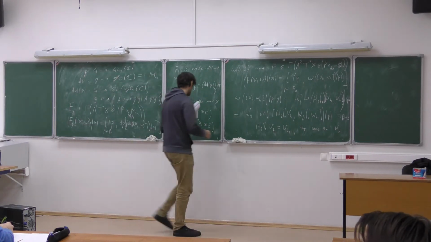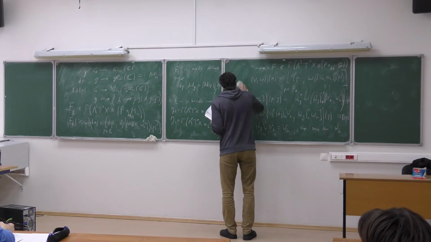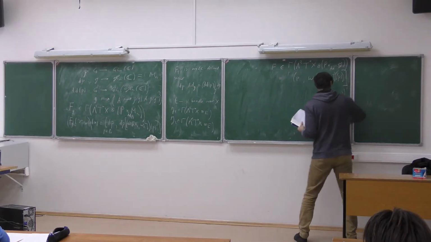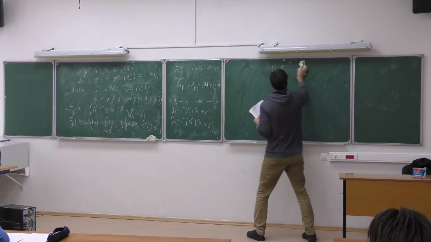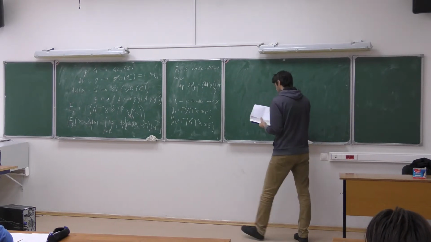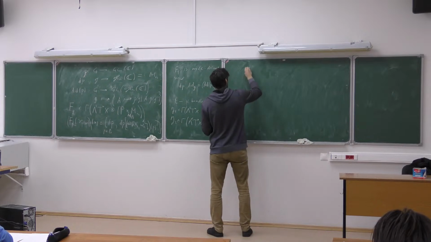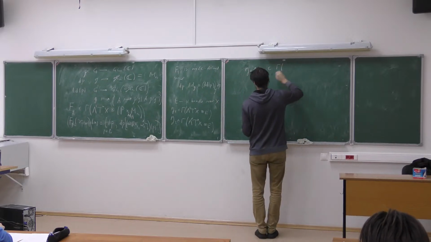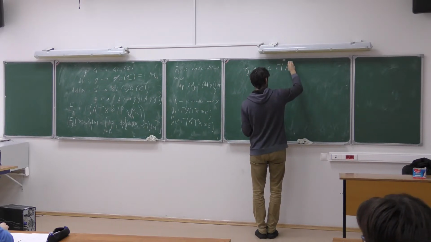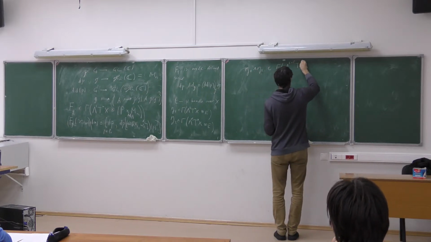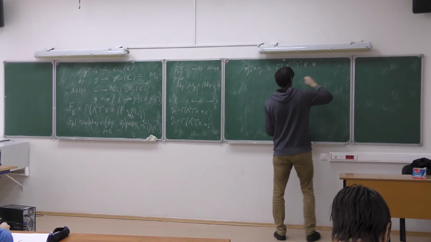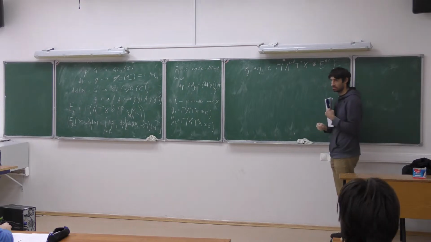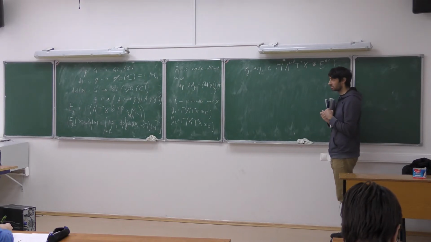I would like to see what it means to take the wedge of them. I would like to construct what this is. This thing will be a k plus L form, of course, but with values in the tensor square of E. That's what I want.